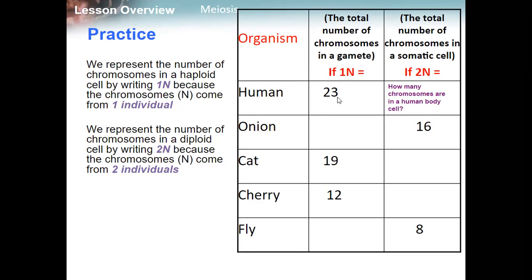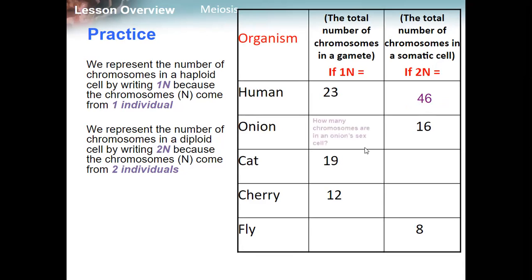Well, if 1N is equal to 23, I'm just going to take that given number and multiply it by 2, because now we're getting chromosomes from both mom and dad. So we're multiplying it by 2. Now an onion, its somatic cells, its body cells, let's say cells in the leaves or the stem or the roots, has 16 chromosomes in each one of those cells.